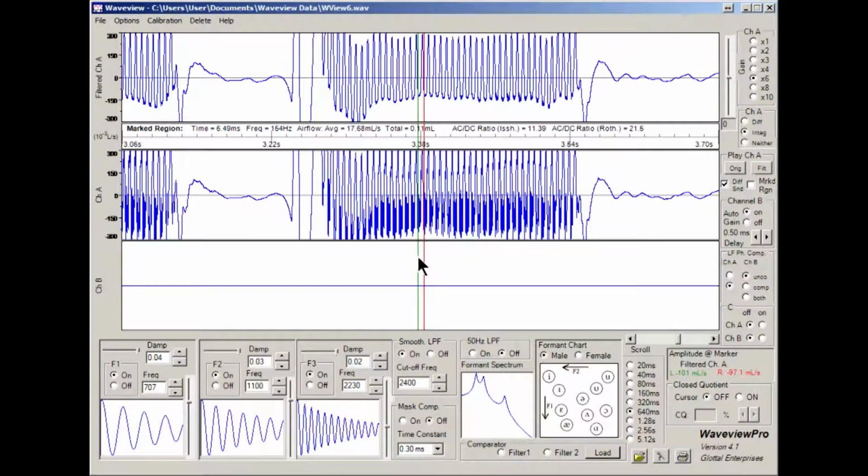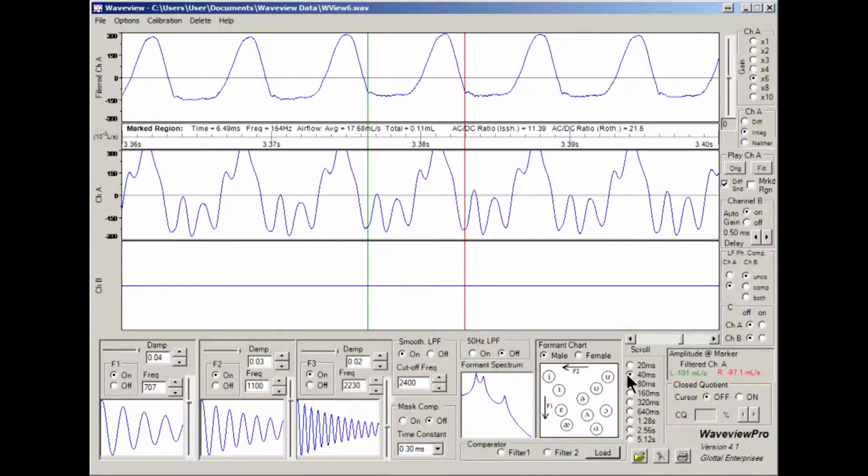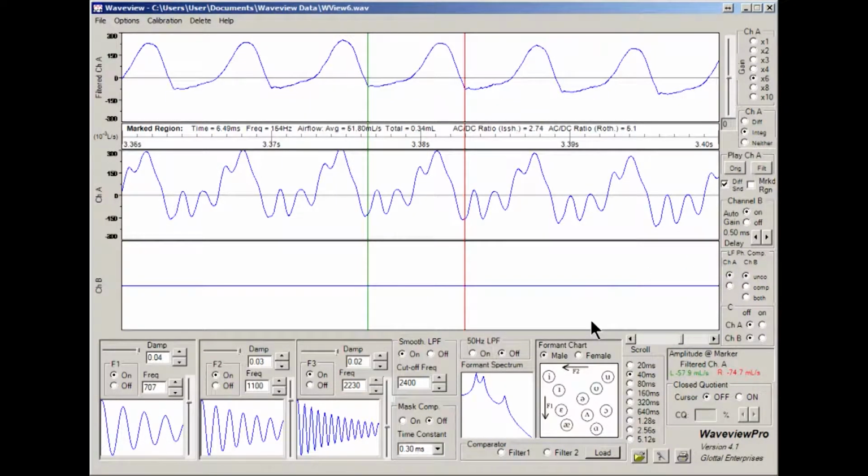Now, there's one other step here. Let me expand this again. In a microphone signal, there's low frequency phase distortion, and we can cancel most of it by using the low frequency phase compensator for channel A. Channel B, there was no channel B here.